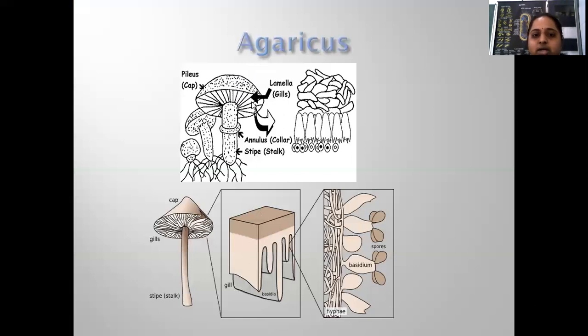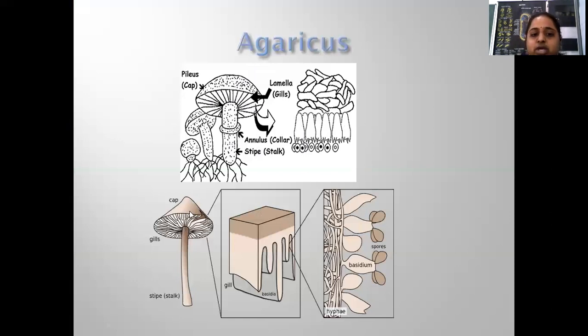When you go into the detailed internal structure of these gills, they consist of basidia or basidium. Basidium is the singular word, the plural is basidia. They will produce basidiospores. Each basidium will produce 4 basidiospores.